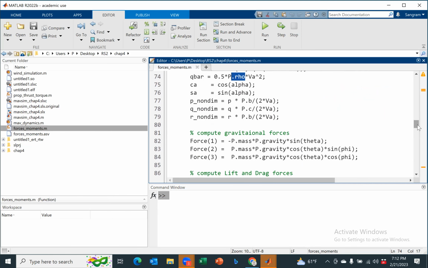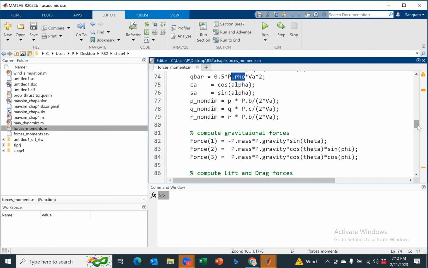Then here, the first force that you have to map in the body frame is the gravitational force, the weight of the aircraft, which is P.mass, the mass of that miniature air vehicle, MAV, multiplied by P.gravity, the value of gravity defined in the structure.